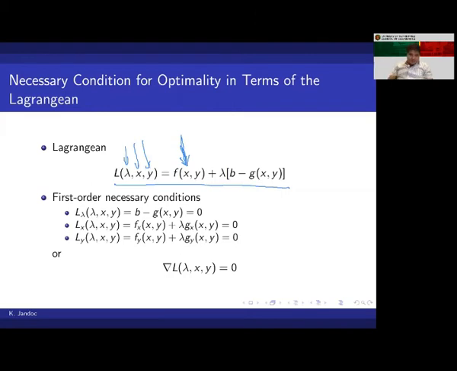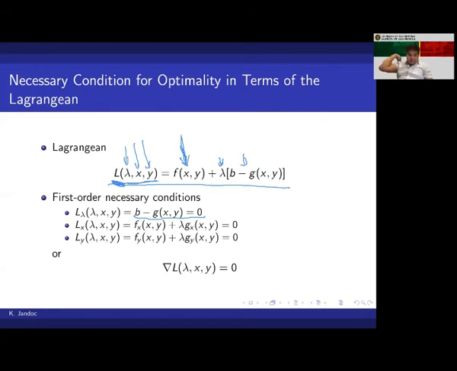If you take the partial derivative of L with respect to lambda, lambda only appears in this term, so the partial derivative is just b minus g of x, y. And then you equate that to 0.